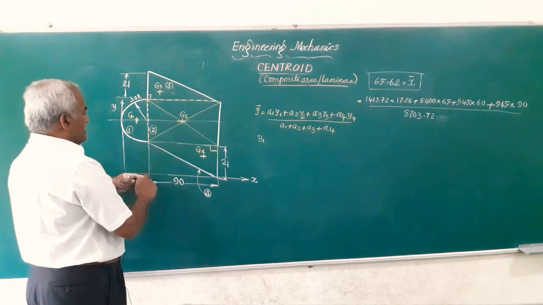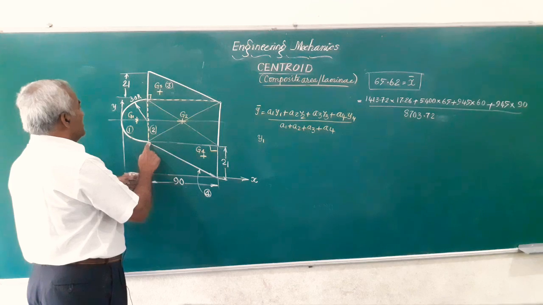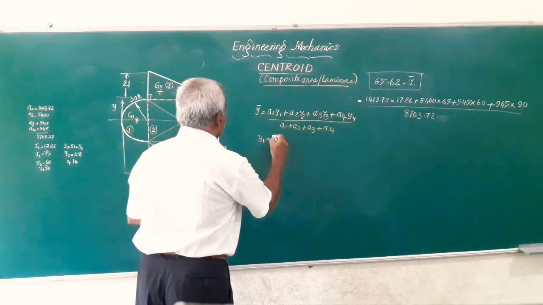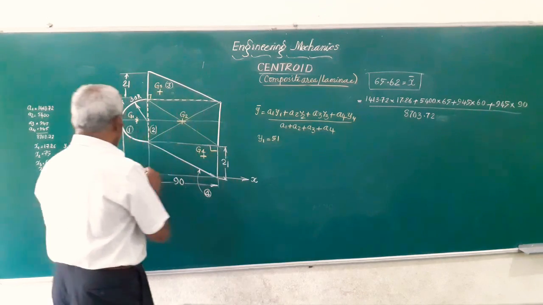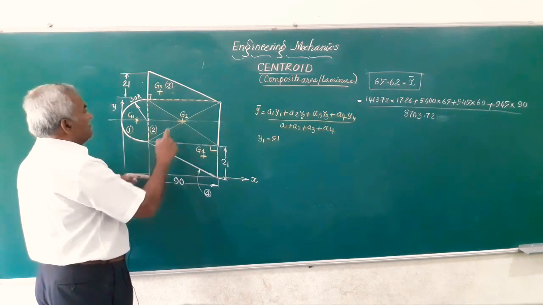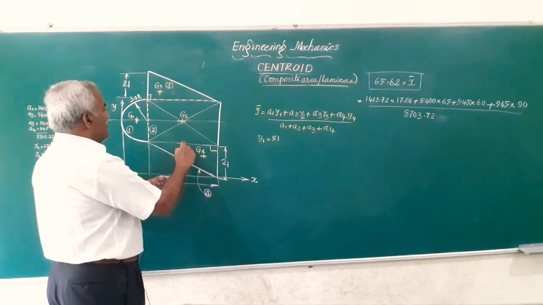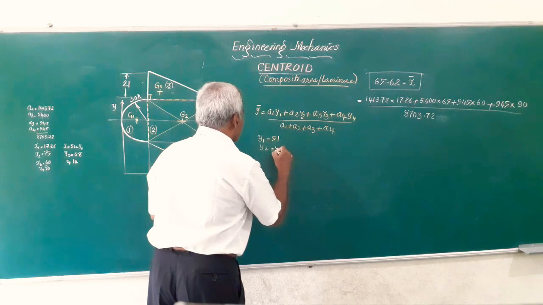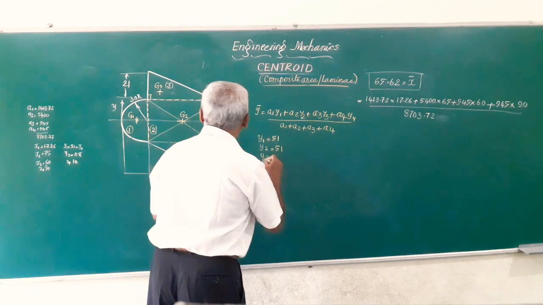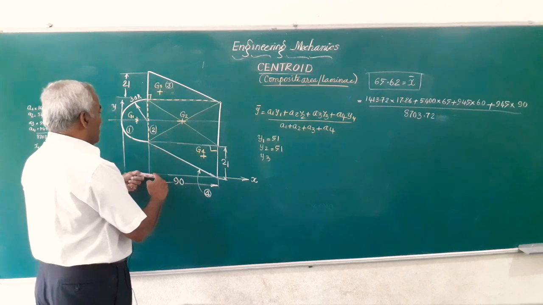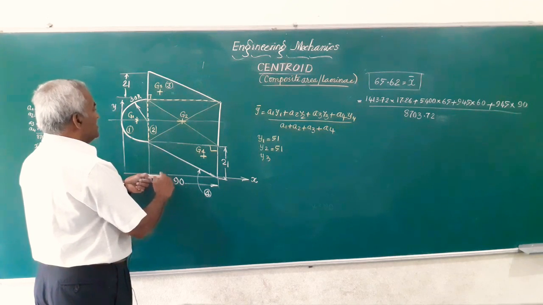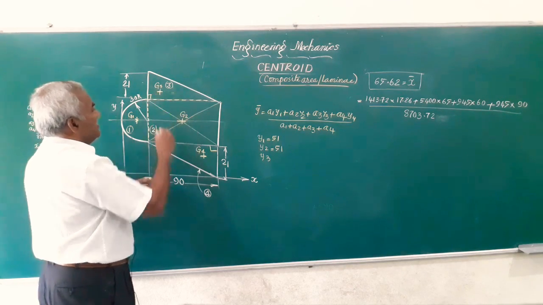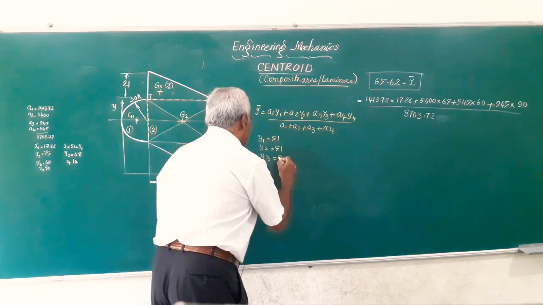How much is that? This is 21 plus this is 30. 21 plus 30 is 51 is the value of this height. Similarly, for the second figure, this is 21 plus 30, so y2 is also 51. Coming to y3, the distance of the third figure from the x-axis, this is 21 plus 60, 81. 81 plus 7 is 88 mm.